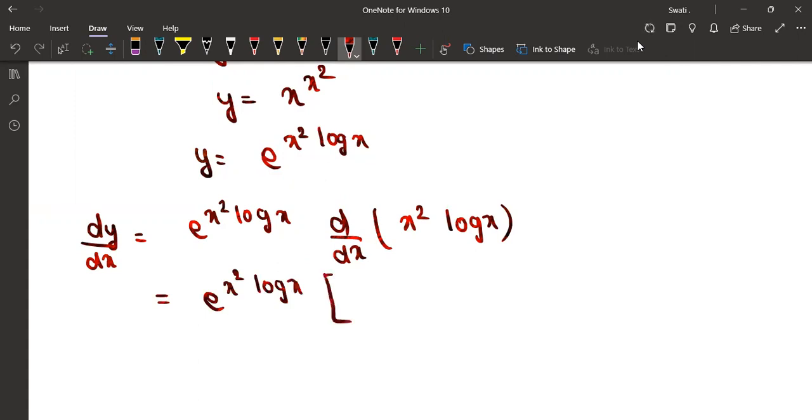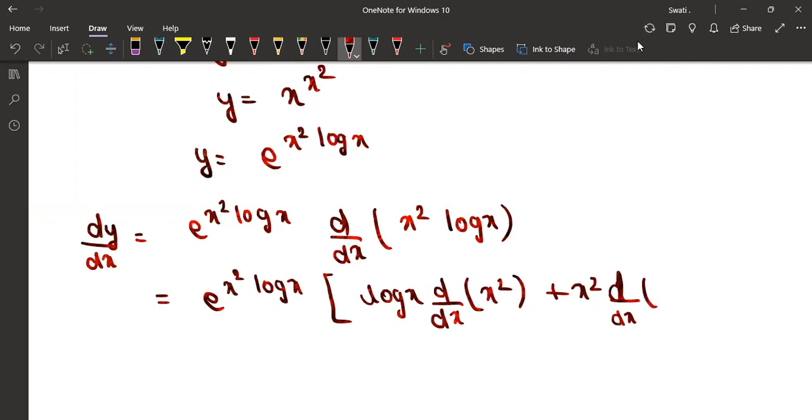By product rule, we will keep this log x constant and take the derivative of this x square, plus keeping x square constant and we will take the derivative of this log x, right? Yeah.